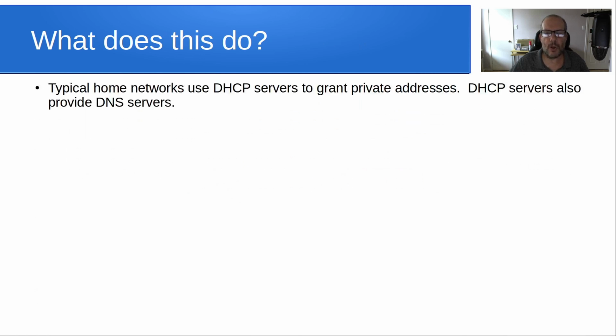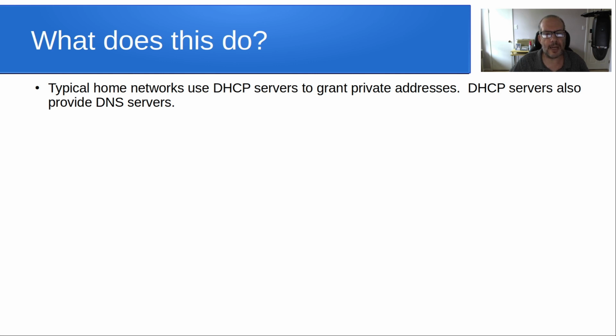Well, typical home networks use DHCP servers to grant private addresses. And when individual systems are granted DHCP addresses, the DHCP servers also provide other types of information. And one of the other things it provides are the DNS addresses for the DNS servers to use.